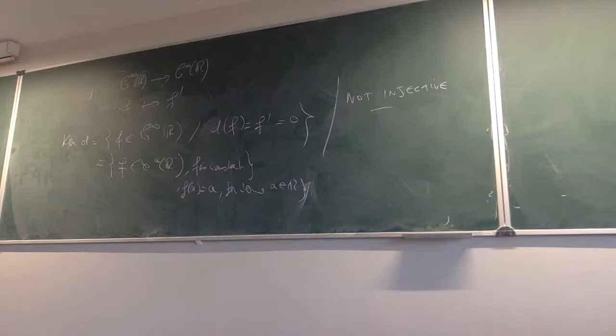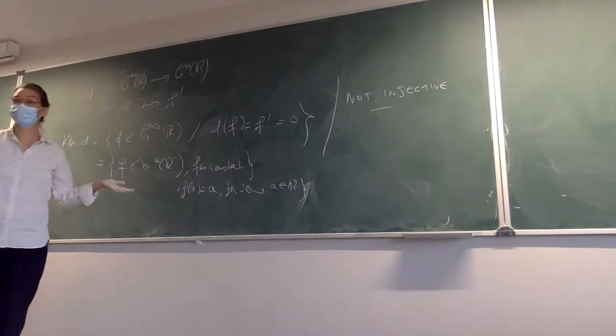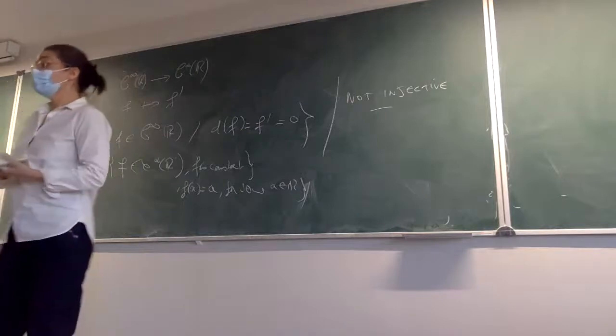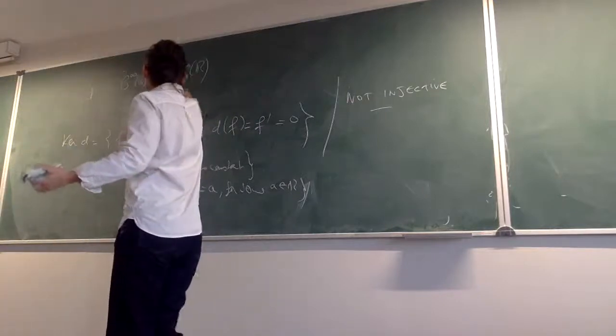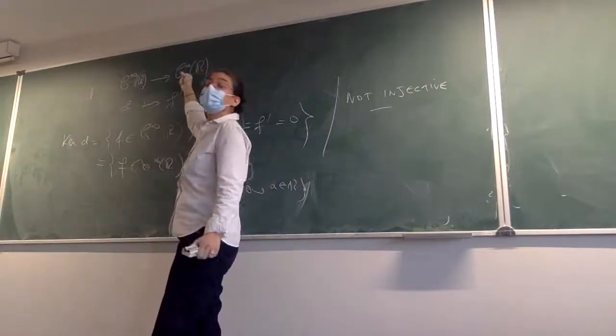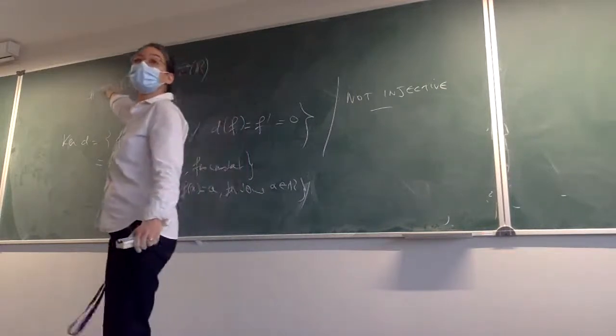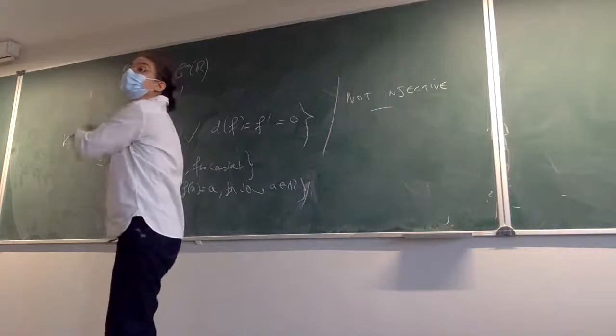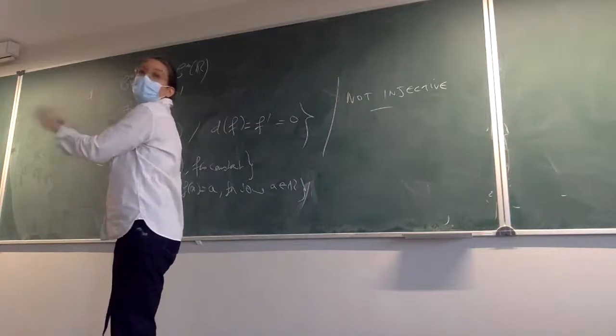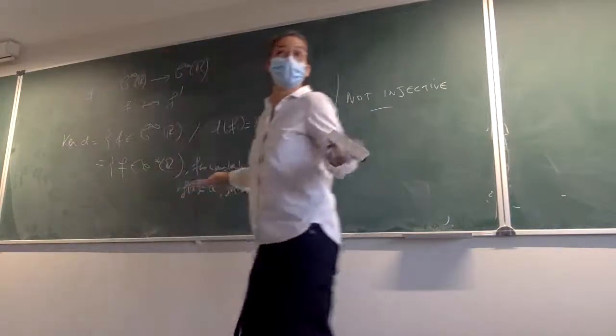Let's try. What does it mean? Yes. Why? Because the idea is that for any infinitely differentiable function, I can find another infinitely differentiable function so that it's going to be its derivative or its primitive. Let's work on that.